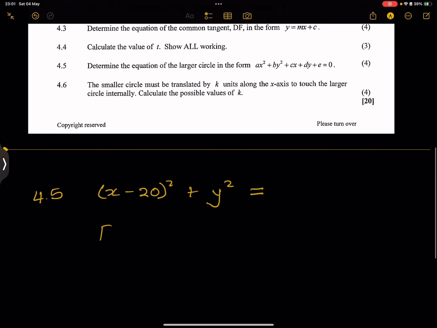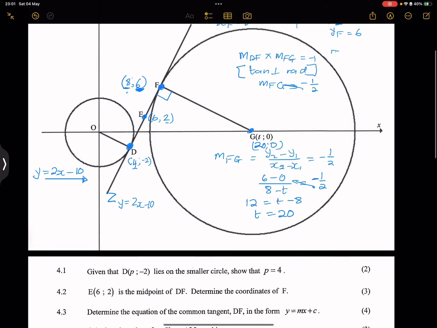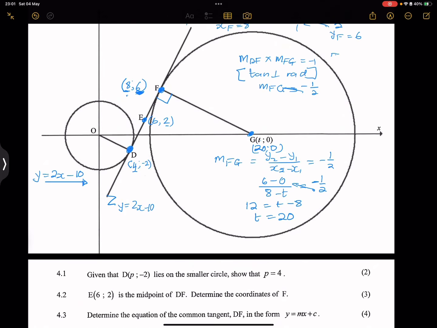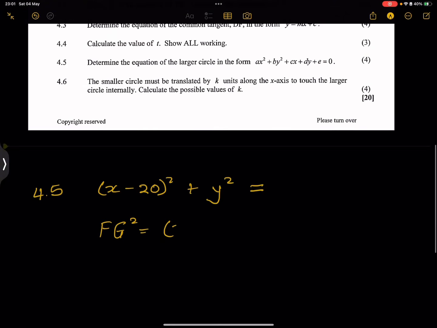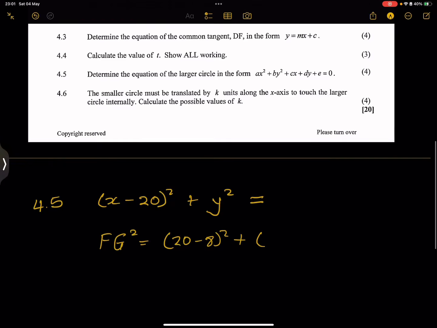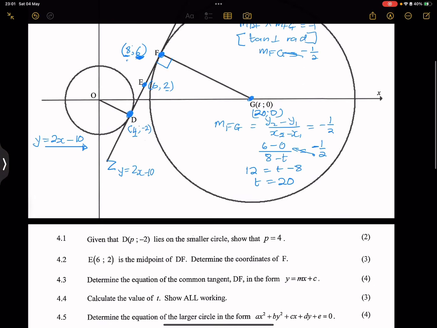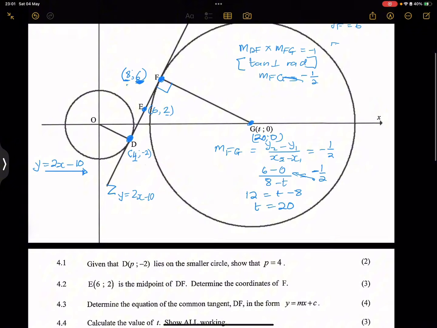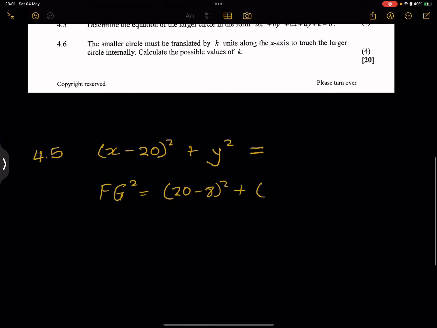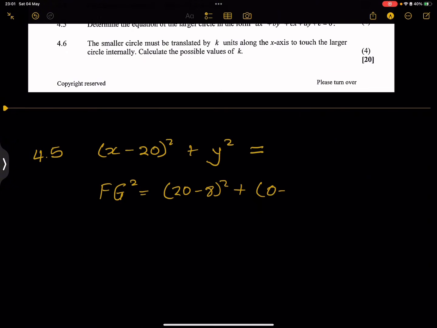Well, we can do that with ease. We know that FG squared would be equal to x2 minus x1, so that would be 20 minus 8 squared plus, in this case, y, so 0 minus 6 squared.